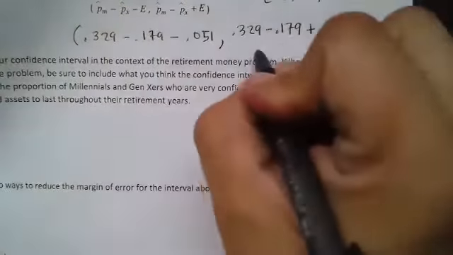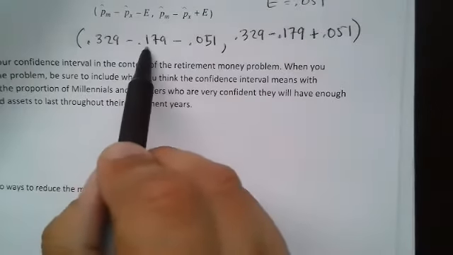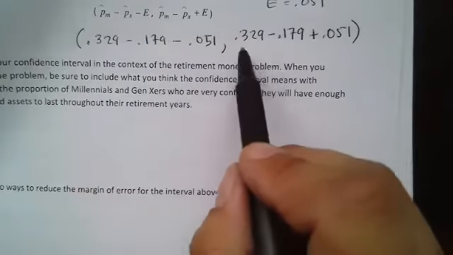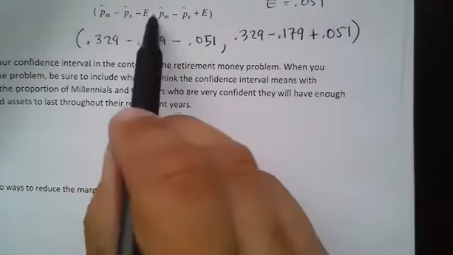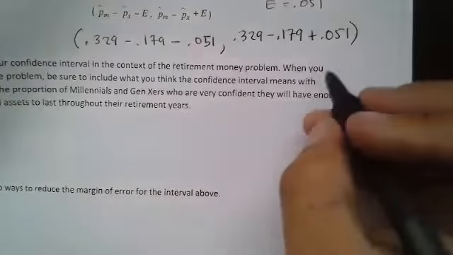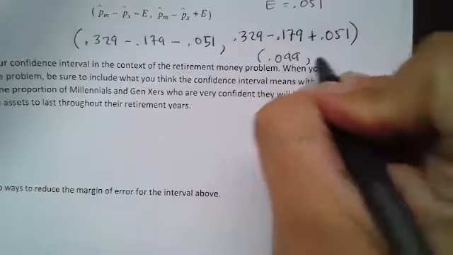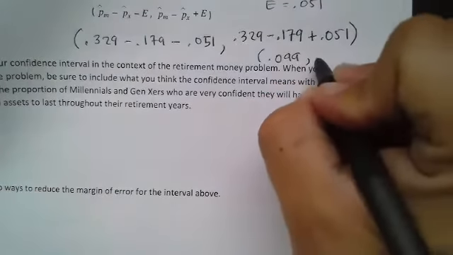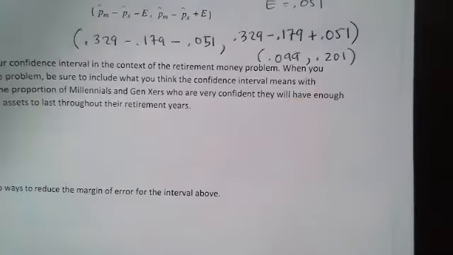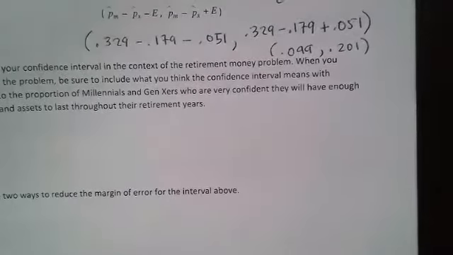So wait, is that the difference times the standard error? Difference minus standard error, and then this is the difference plus standard error. So see right here? That's all we're doing. So that was 0.099 then, right? For the first one? 0.099, comma, and then 0.201.